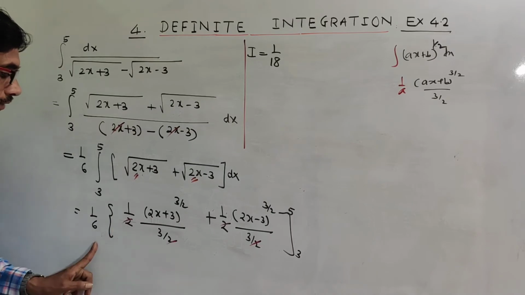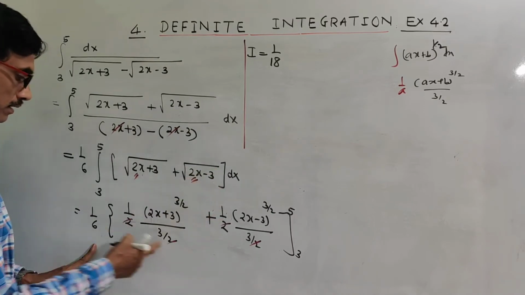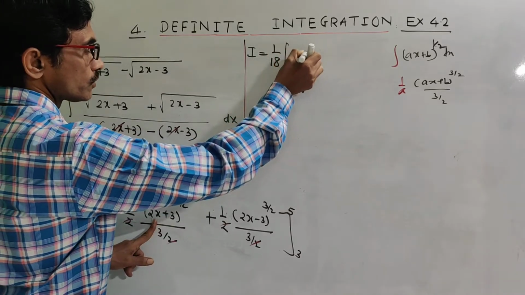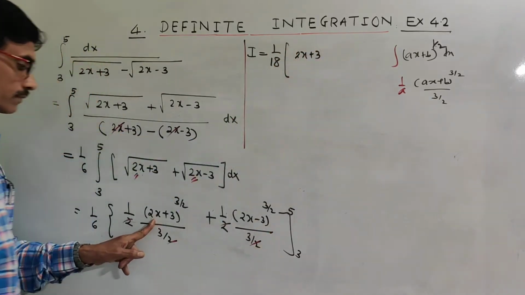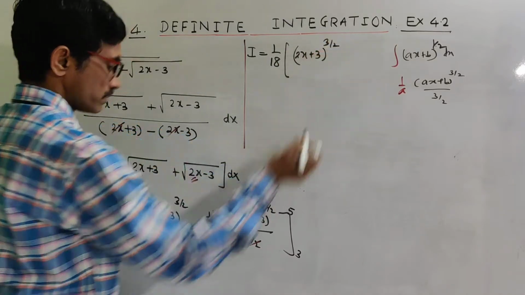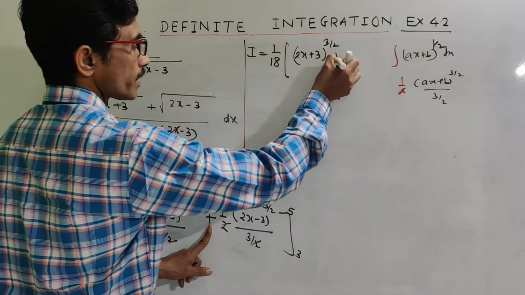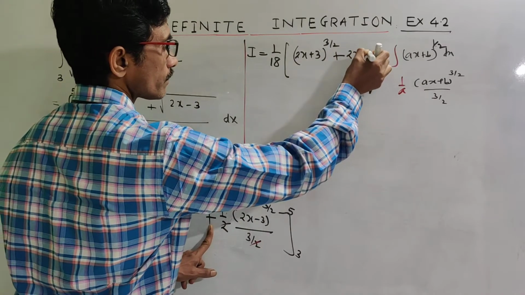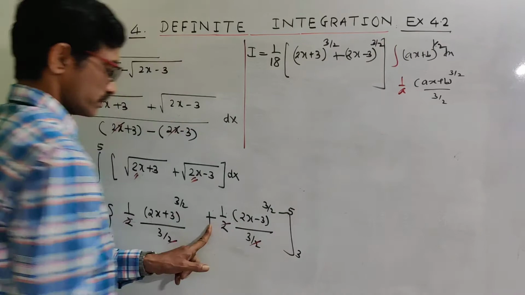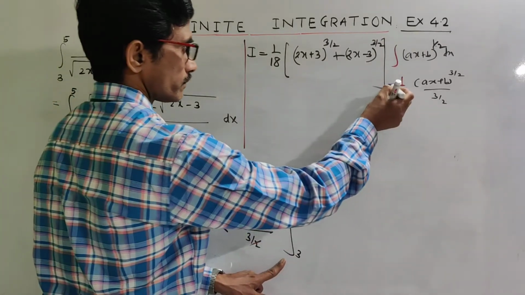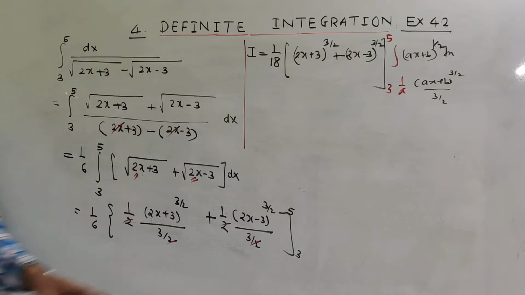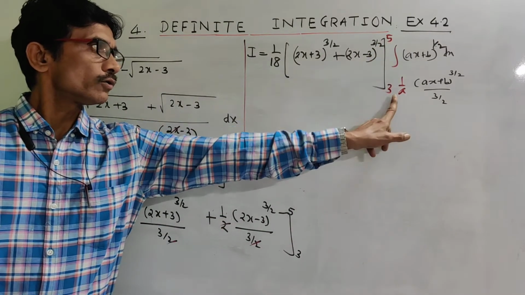So 1 upon 81, 18 and (2x plus 3) raised to power 3 by 2 plus (2x minus 3) raised to power 3 by 2. Limits are 3 to 5. Upper limit is 5, lower limit is 3.